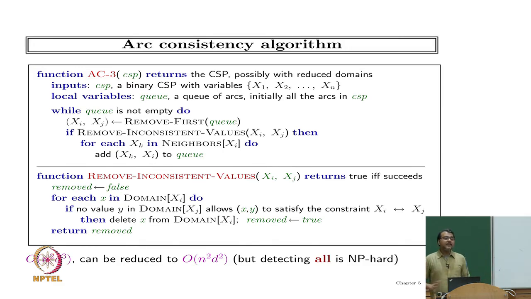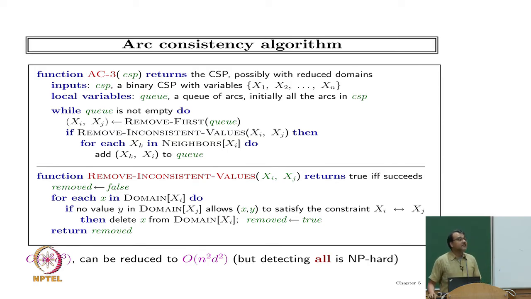So, essentially what did we learn today? We talked about arc consistency. We said that this particular algorithm removes inconsistent values between pairs of variables. So, if I have to check the arc xi xj, for each value x in domain xi, I will check the values of y, and if there is no value in y, then I will delete x from the domain xi, and if I delete from domain xi, then I will add all neighbors xk of xi to the queue, and I will check the arcs xk xi.